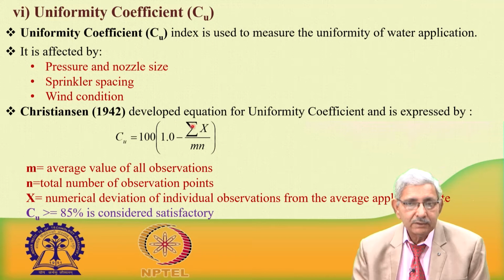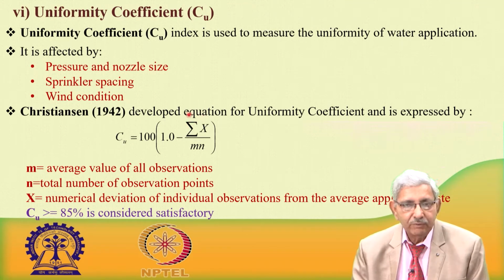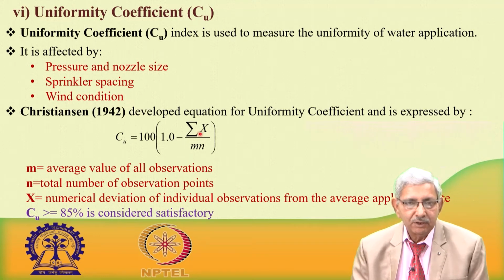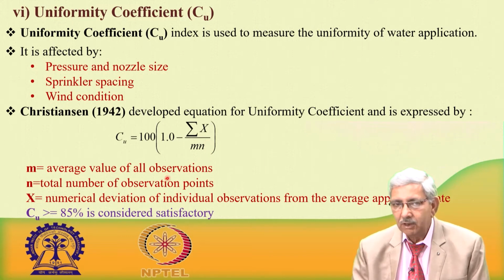Suppose we have 15 sprinkler depth observations. We first find the arithmetic average: the sum of the depths divided by the number of observations gives the average value of all the observations.